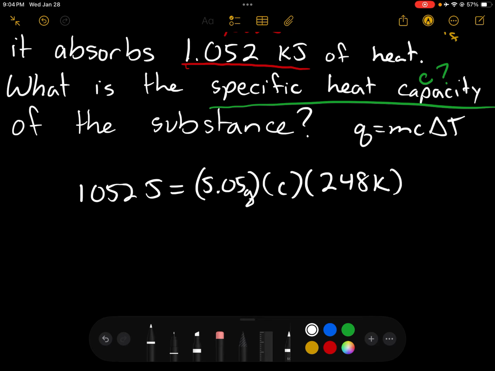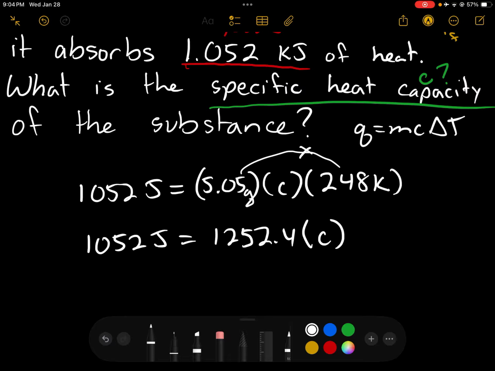All right, now all I have to do is solve for C. But before I do that, I'm going to go ahead and combine like terms so it's a little bit friendlier to look at. 1052 joules is equal to, we're going to multiply those two together, and that gives me 1252.4 times my unknown C. I'm going to divide both sides by 1252.4.